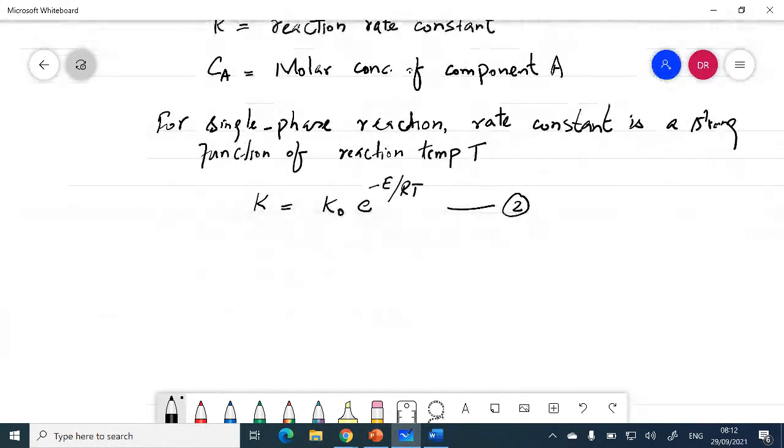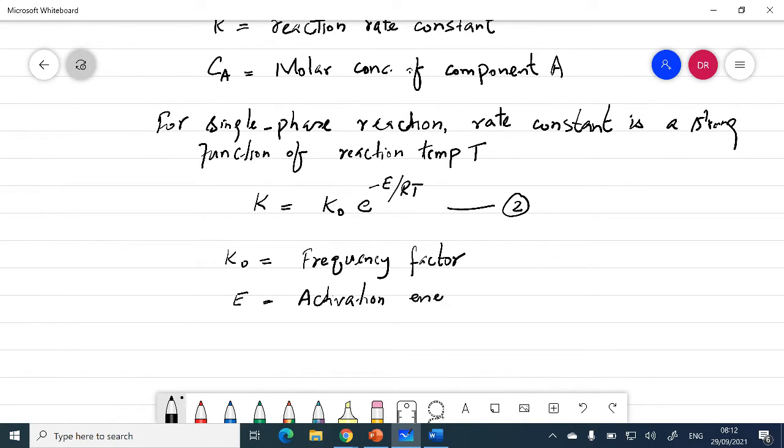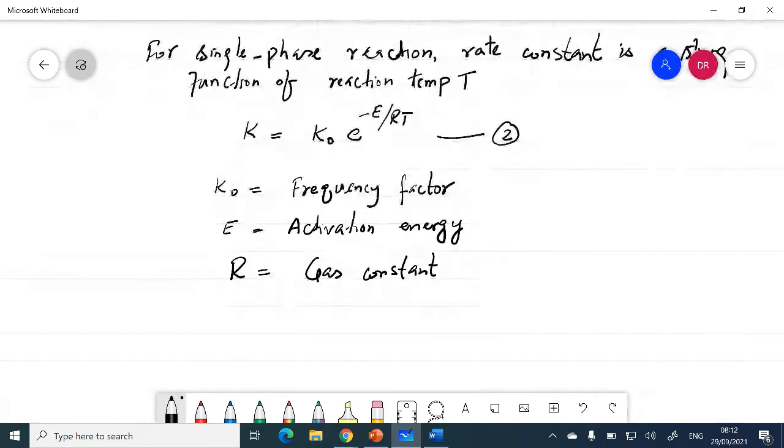In this equation, k is the reaction rate constant, and we have another constant, k naught, which is the frequency factor. k naught is also a constant, and it varies slightly with temperature. E is the activation energy, and R is the gas constant.